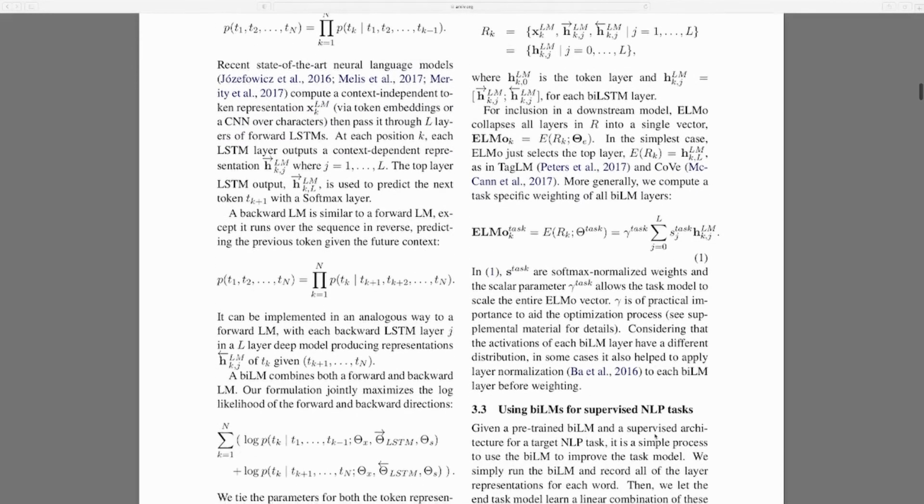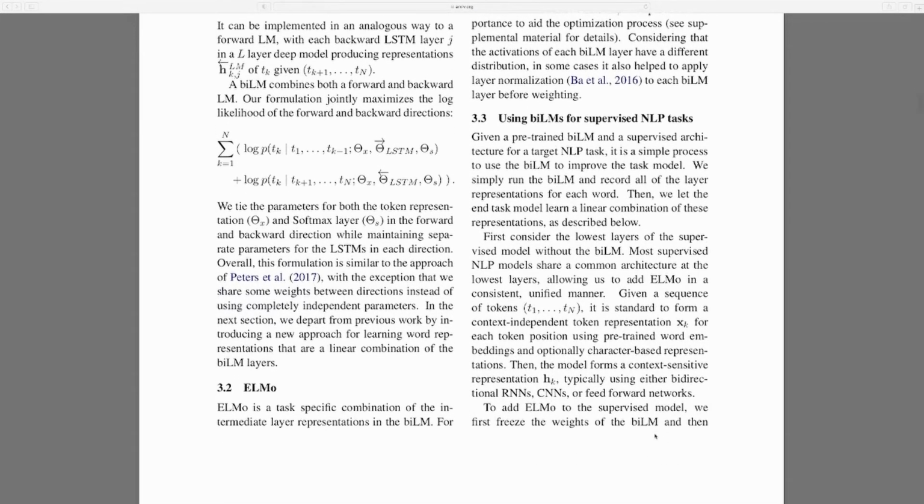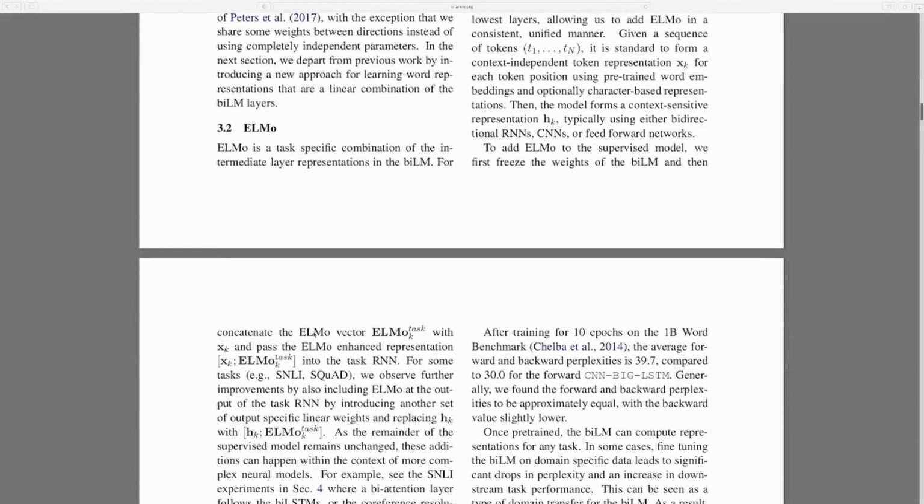In the next section 3.3, the paper talks about how we use Elmo embedding in downstream tasks. The paper mentions again, after finishing the training of bidirectional LSTM, they would freeze all the weights. And then they would concatenate Elmo embedding of token K with its base embedding and pass it to the downstream tasks.